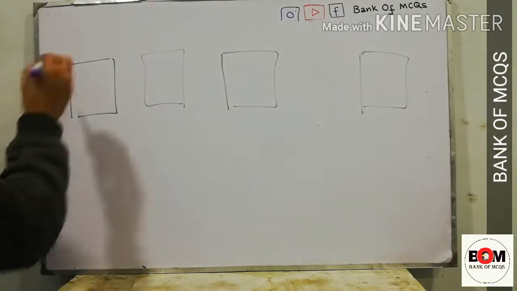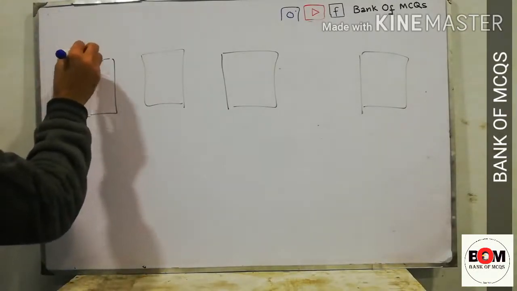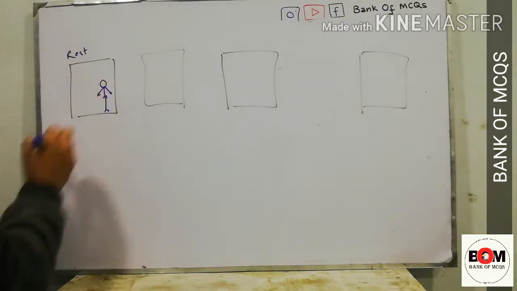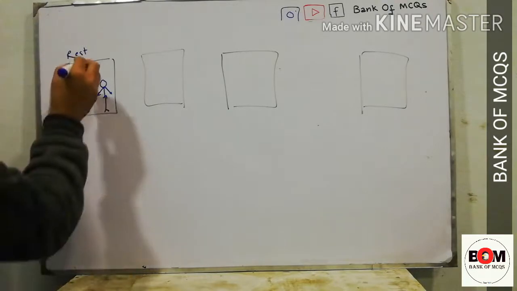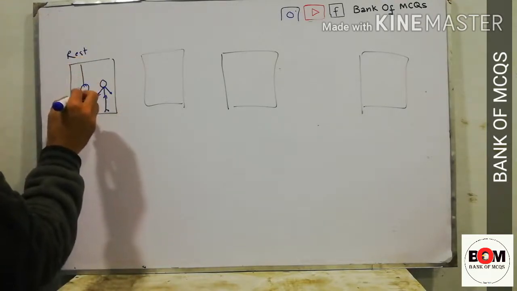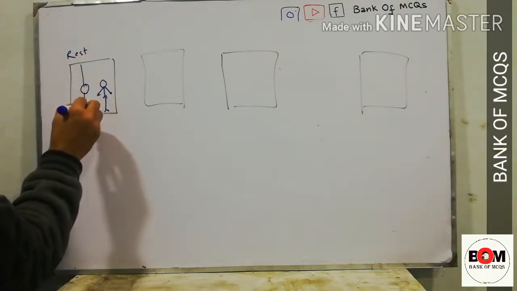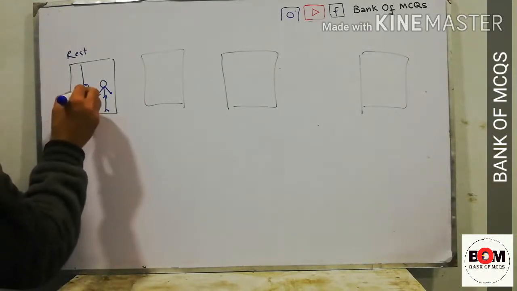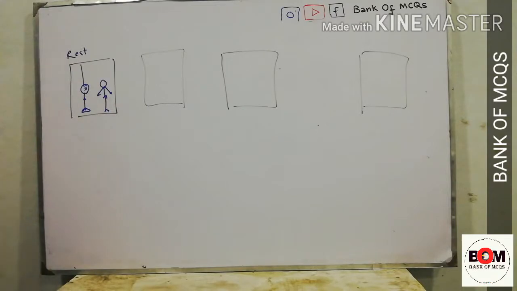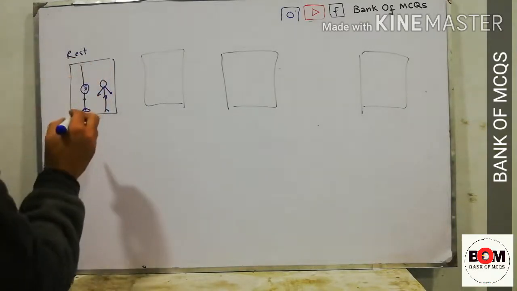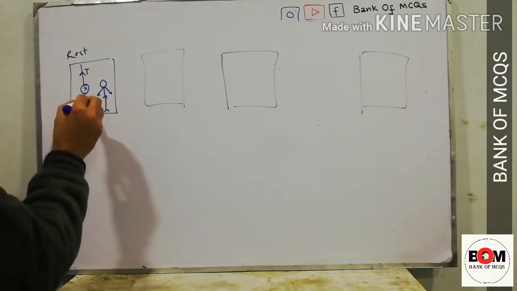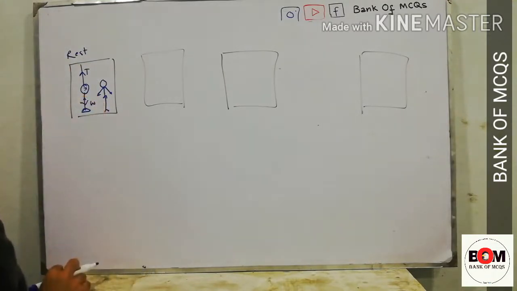When the lift is at rest and a man stands in the lift, we know that there is the mass, this is the tension, and this is the weight. As the lift is at rest, the upward force acts as tension and the downward force acts as weight.